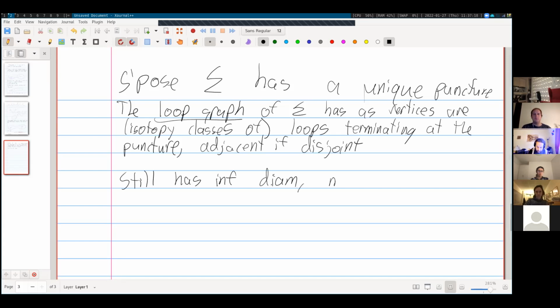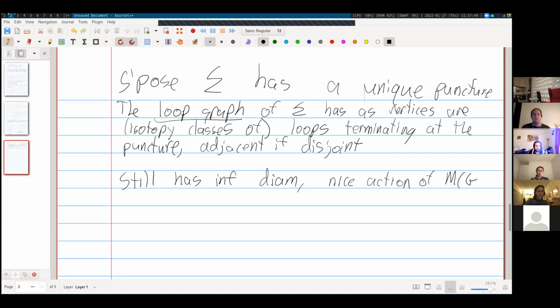And it has a nice action of the mapping class group, in the sense that not only does the graph have infinite diameter, but you can find elements of the mapping class group that have legitimately infinite dynamics: if you pick a point and apply the mapping class over and over again, it gets farther and farther away, which again is of interest.